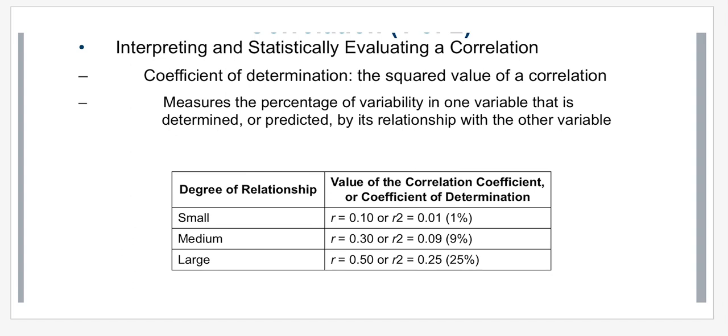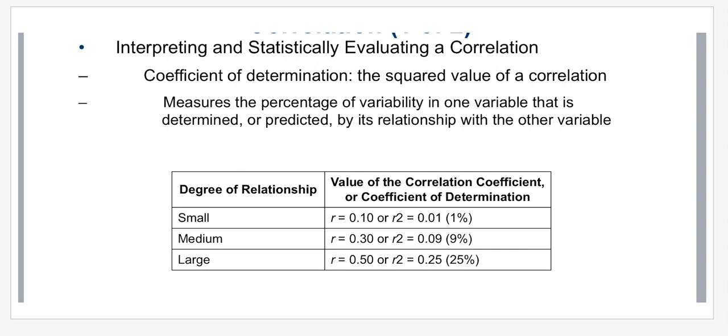Down here in this chart, don't look at the coefficient of determination yet. Let's just look at the correlations first. These are guidelines for how to determine what is a small, medium, or large correlation.